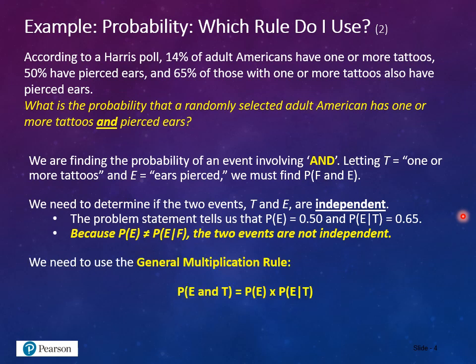So we need to use the general multiplication rule, which says that the probability of T and E is equal to the probability of T times the probability of E given T. We put those two factors given to us, 0.14 times 0.65, and we get a probability of 0.091. About 9% of that population.